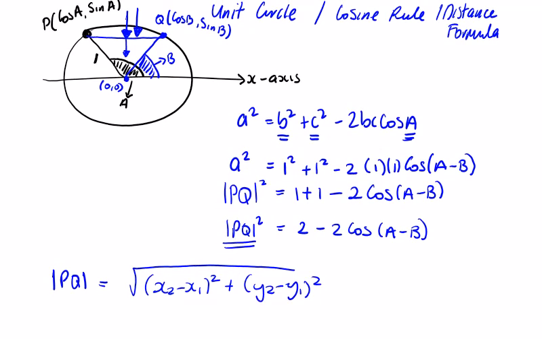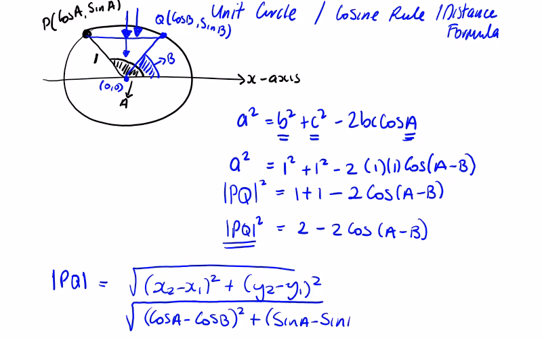So filling that information in, we're going to get the square root, which we're going to square across in a minute to get rid of it, of (cos A minus cos B) squared plus (sine A minus sine B) squared, and that's equal to PQ.